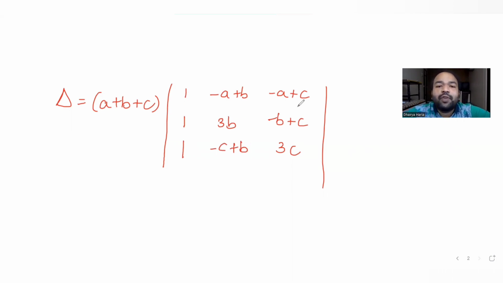Now I have 1, 1, 1. Whenever we want to find the inverse of a matrix, the first thing we try to do is make the first column 1, 0, 0. I have already made this one.